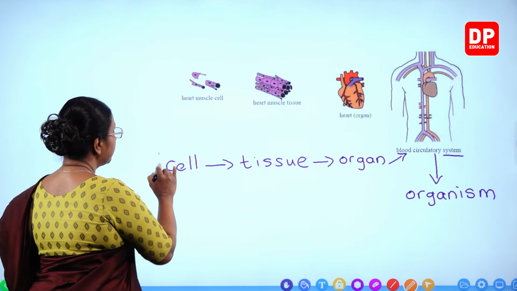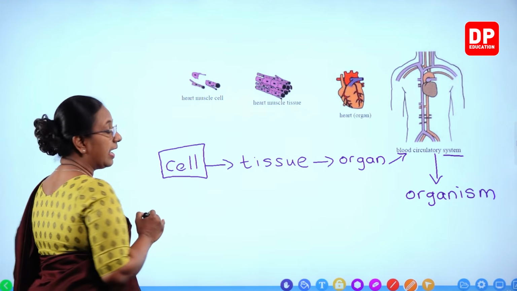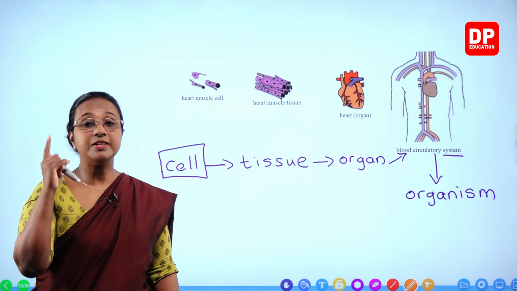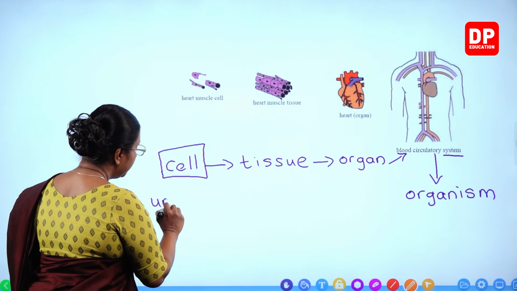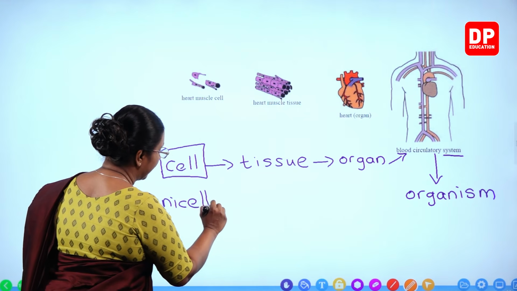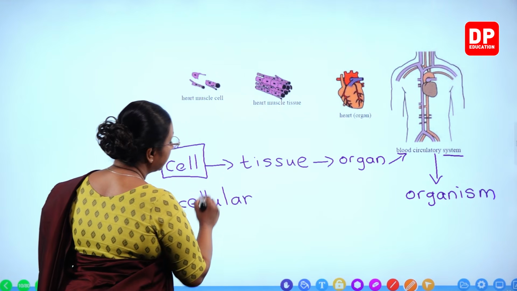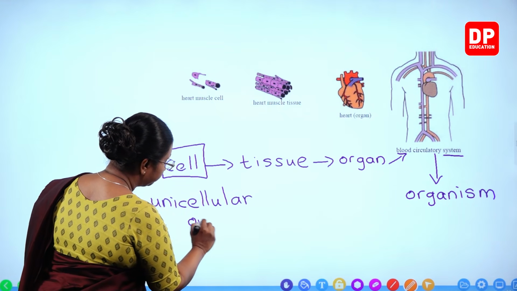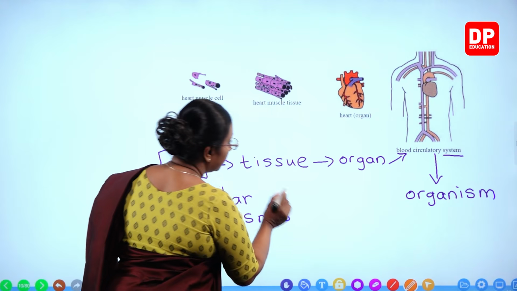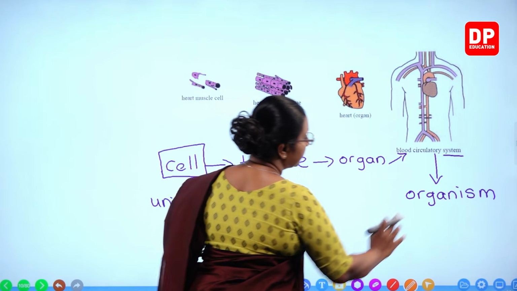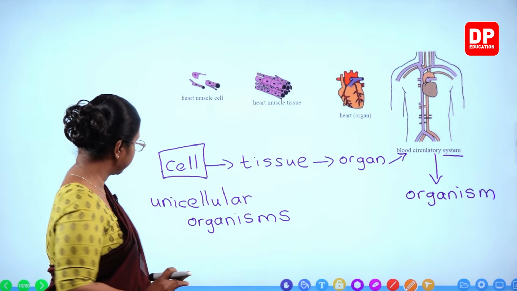So when we come to cell, you can have an organism with just one cell or many cells. So you're familiar with unicellular organisms as well. Now here you can see we said organism, that is a multicellular organism.